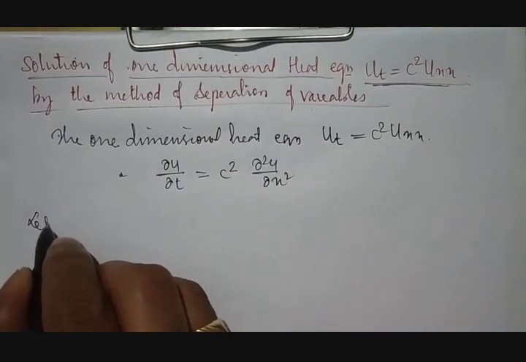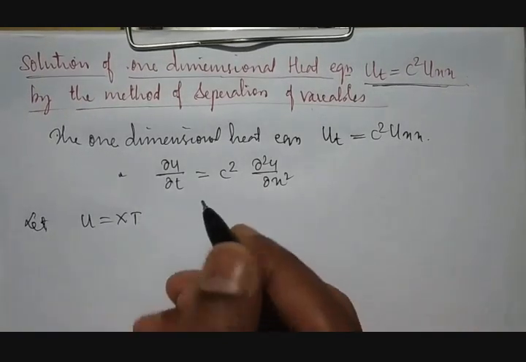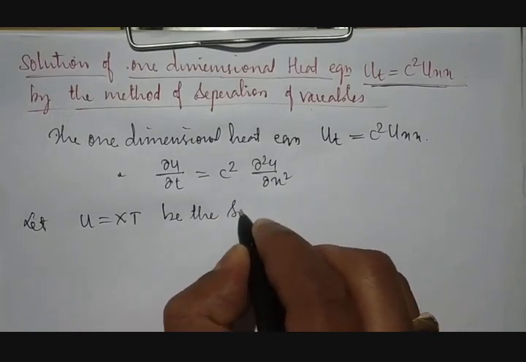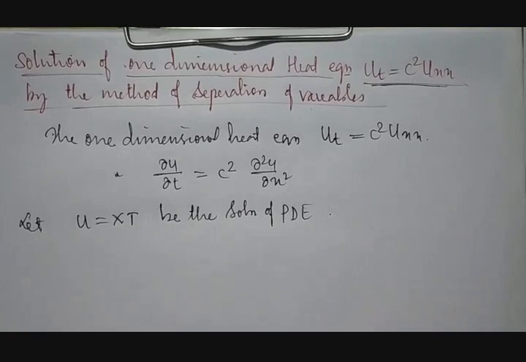Fine. For that, what we do? Let us take u = X T. This be the solution of the partial differential equation.